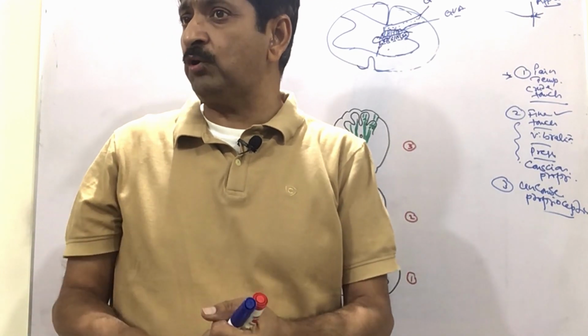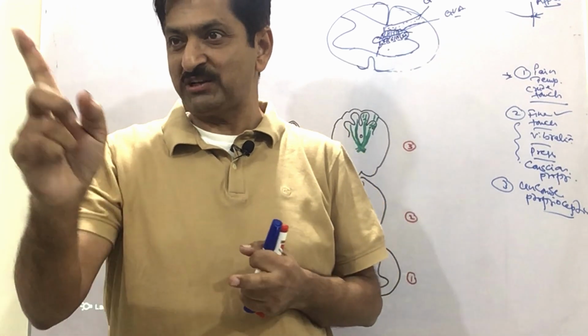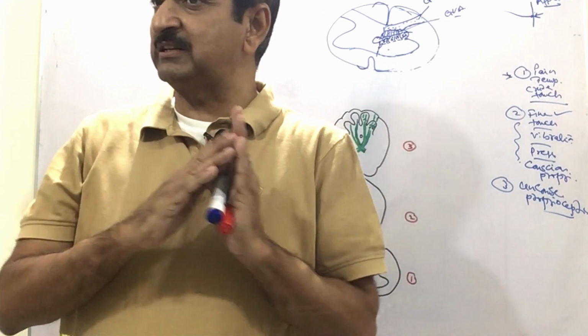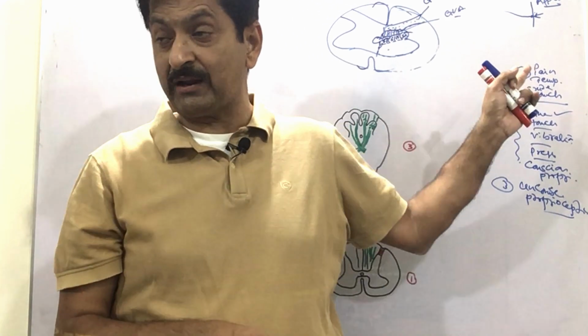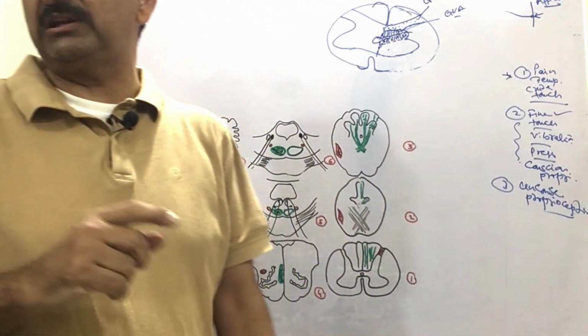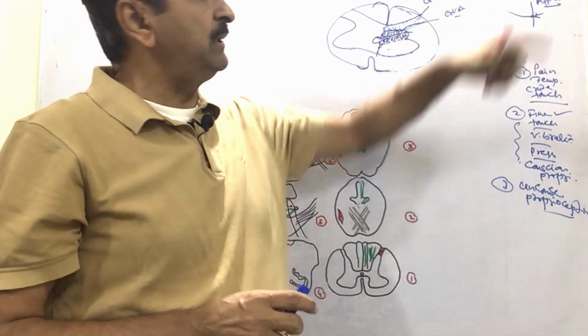If the stimulus is more, the pain will be more. If the stimulus is less, the pain is less. In an action potential, this is not there; it is either present fully or not present. It's the all or nothing law. This is not the all or nothing law. This is a graded potential. This is called the generator potential, not the action potential. So this is called transduction.